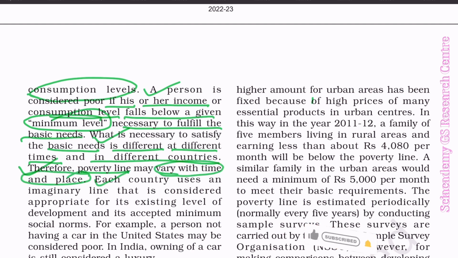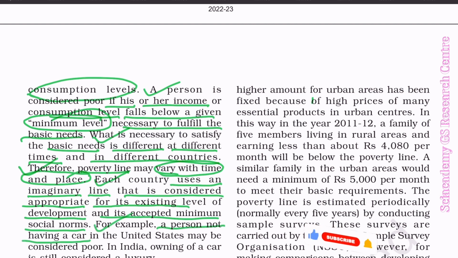Each country uses an imaginary line that is considered appropriate for its existing level of development and its accepted minimum social norms. For example, a person not having a car in the US may be considered poor. In India, owning a car is still considered a luxury.